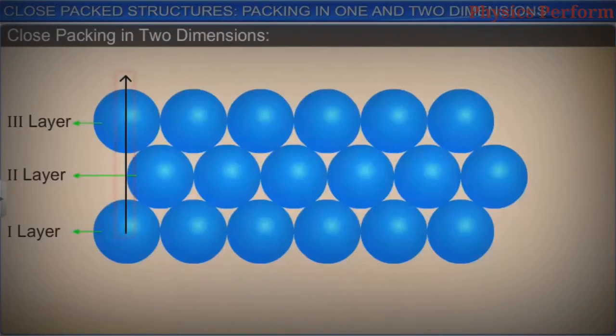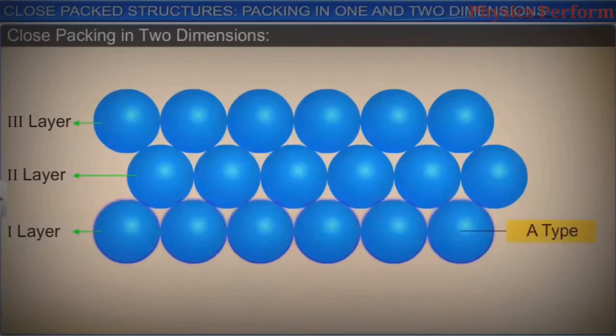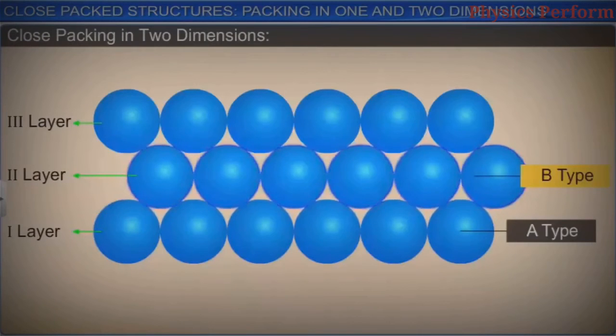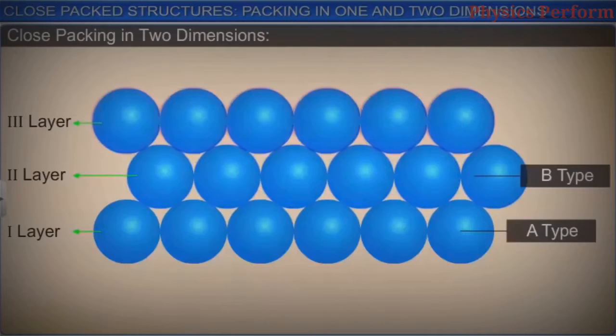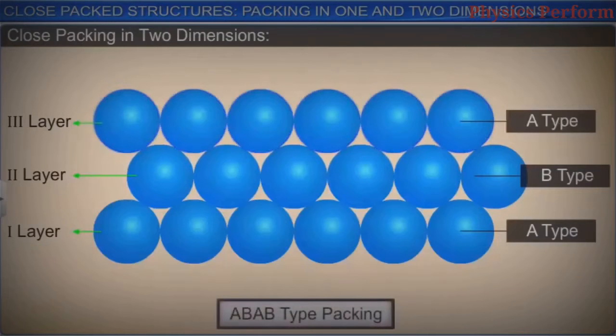This pattern is followed throughout. If the arrangement of the spheres in the first layer is of A type, then the arrangement of the spheres in the second layer is of B type, and the arrangement of the spheres in the third layer is again of A type, and so on. The packing thus obtained is called ABAB type packing.